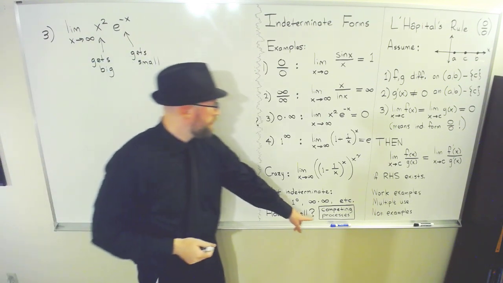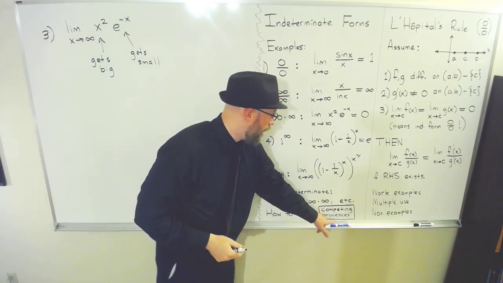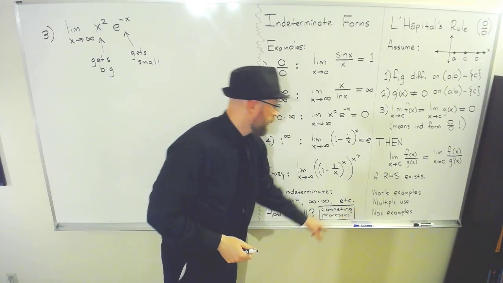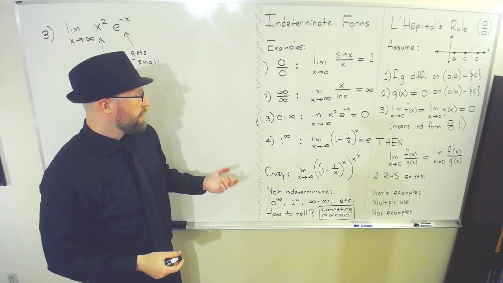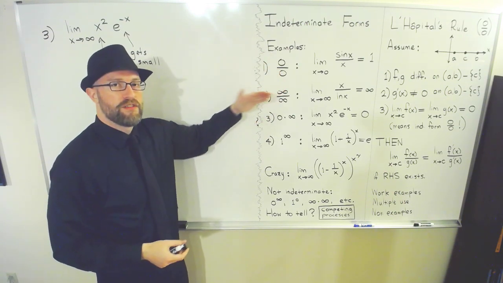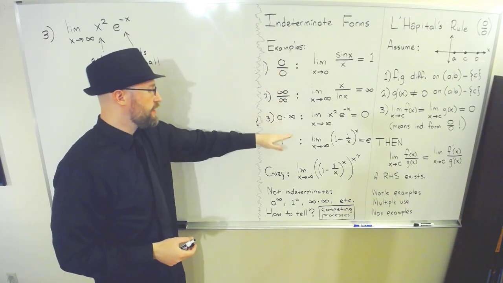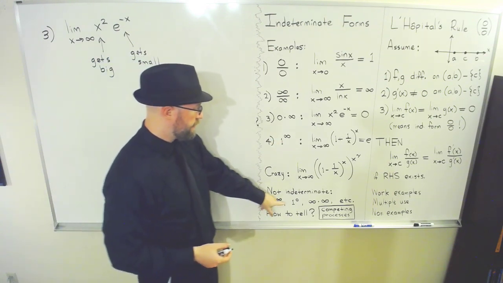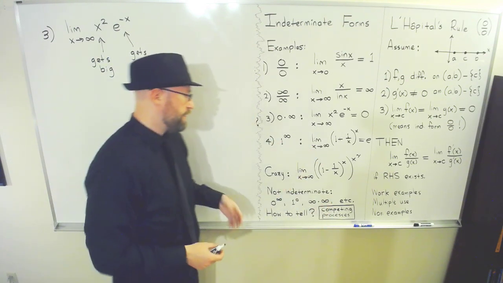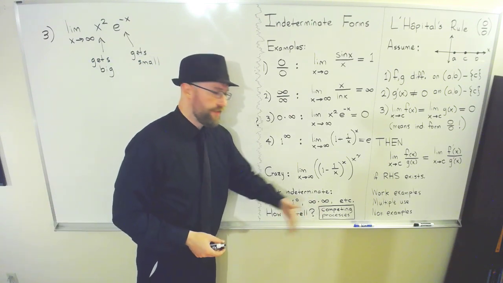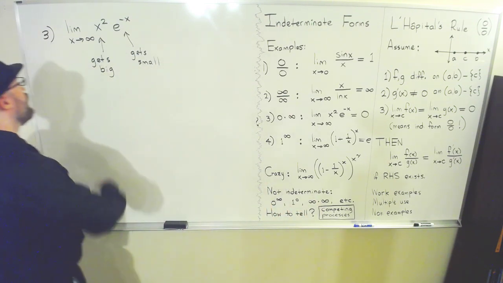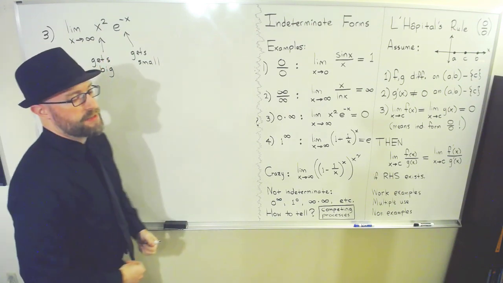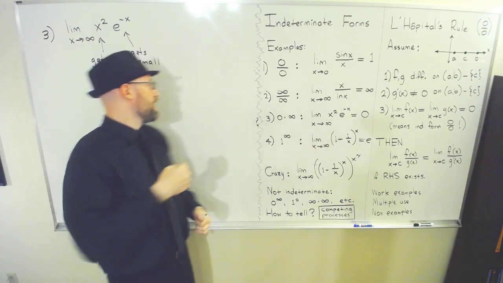Notice down here I've written a little square box around it on the board: how can you tell when something's an indeterminate form or not? Because here I've written some expressions that have zeros and ones and infinities in them, and they're indeterminate forms. And then down here I've written some other expressions which are not indeterminate forms. Well, the way you can tell is if there are competing processes going on in the limit. What I mean by competing processes is that two things are pulling in different directions.